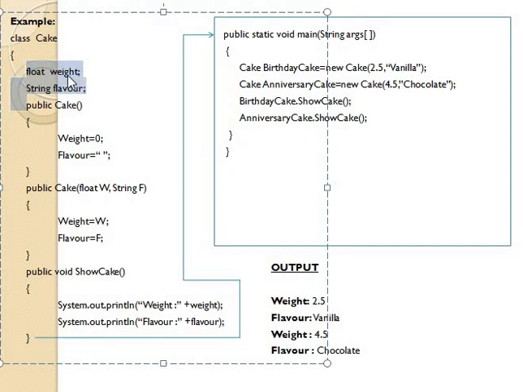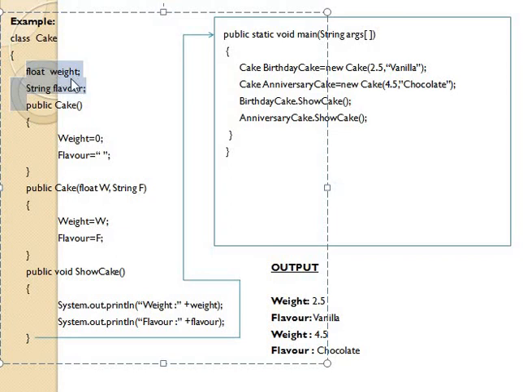Since the data member weight is of type float, it can accept only decimal values. Whereas the data member flavor, since it's declared of type string, can accept alphabets and special characters such as $, hash symbol, etc.